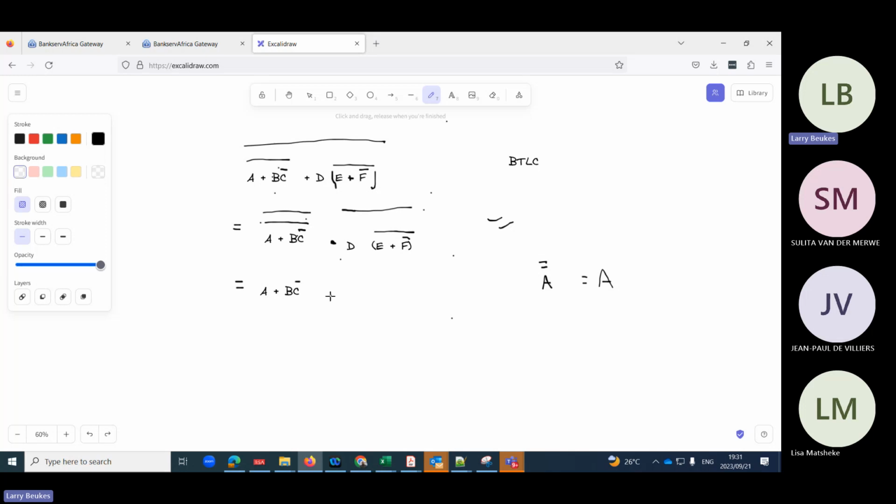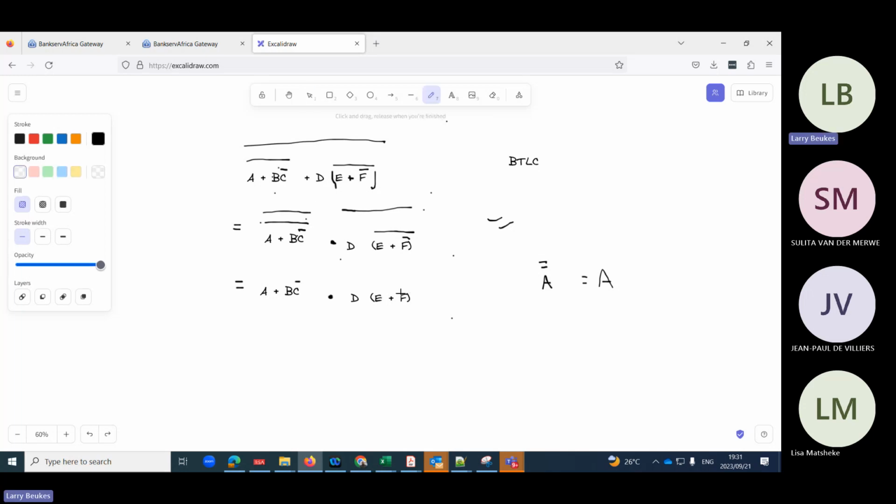Here we still have the AND. So here we have this big line now. We need to break it. We need to break the line and change the sign. Okay. So what are we gonna do? So we're gonna have D, E plus F, right?